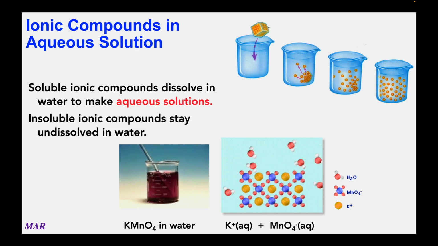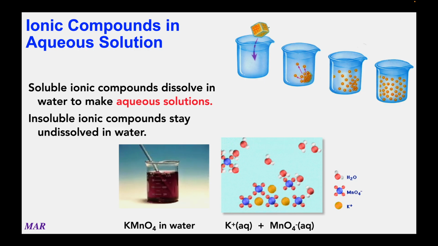The hydrogen side of the molecule has a positive charge. The oxygen side is negative. When water molecules contact an ionic compound, such as potassium permanganate, their positive sides are attracted to the negative ions of the compound, and the negative sides of the H2O are attracted to the positive ions in the compound. These attractions allow the crystal lattice to break down, and the compound dissolves.